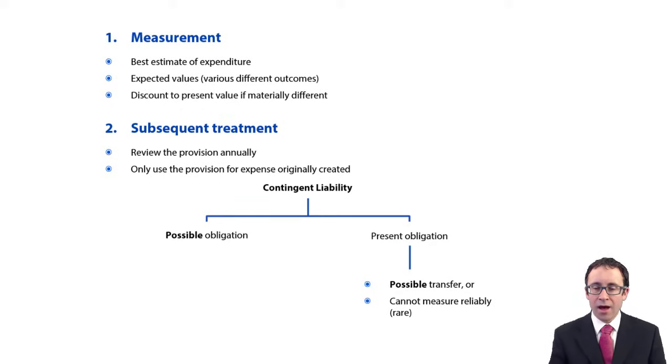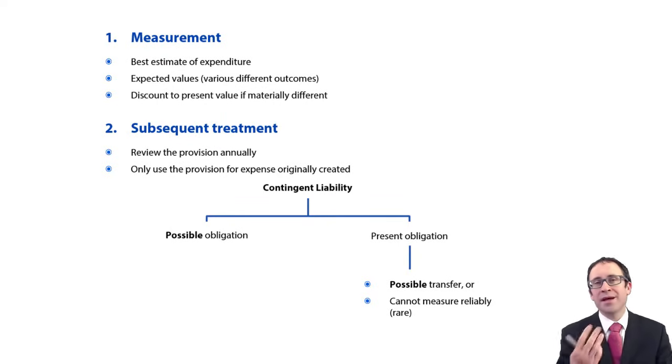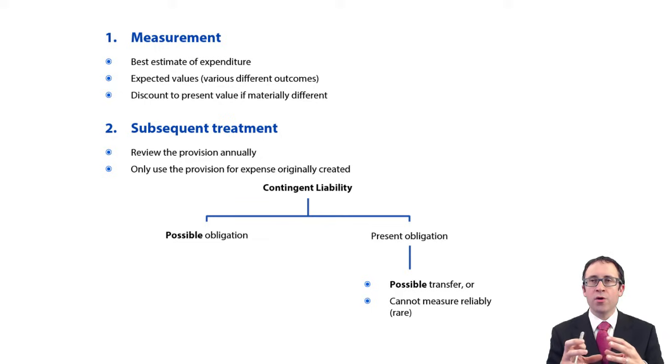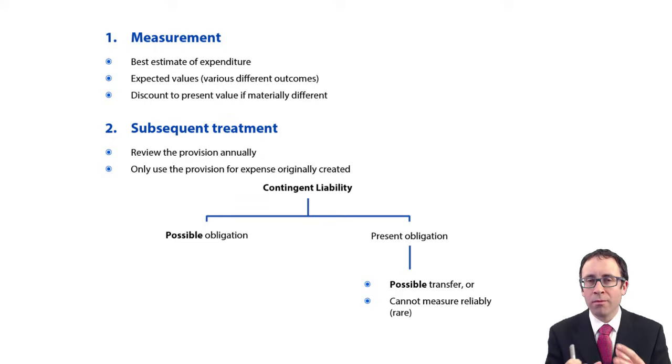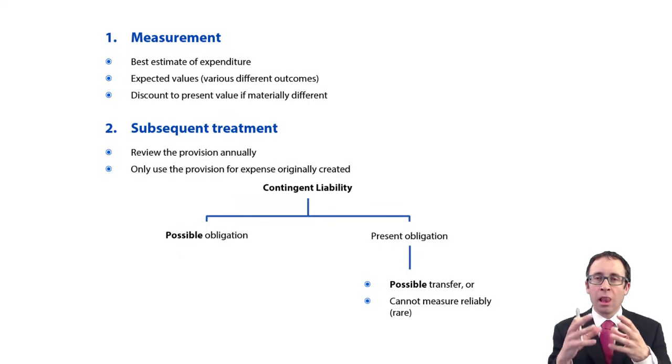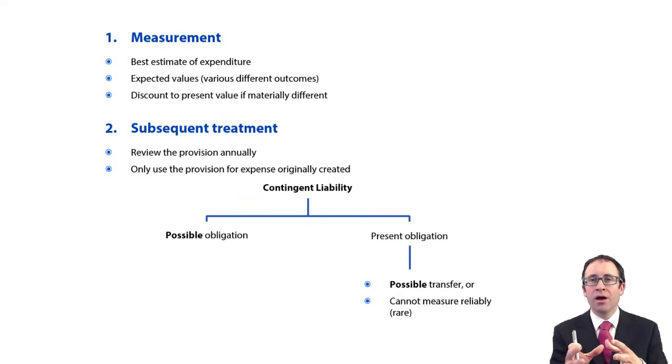Okay, so what you've got to be careful of there is the best estimate of the expenditure and then the expected values. Because with the best estimate of expenditure, you go with the most likely outcome. So if you are probably going to lose a court case, you will provide for the most likely outcome of a variety of different outcomes.